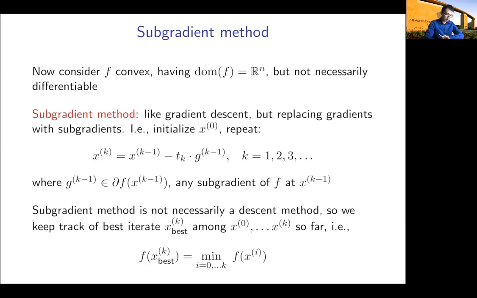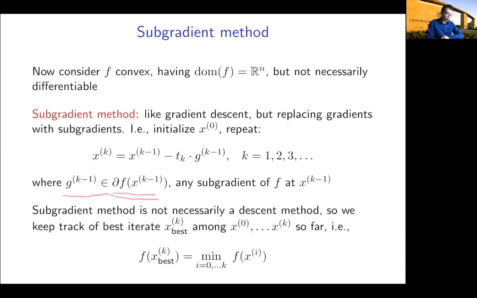Simple, right? This is exactly the same as gradient descent, except that you replace the gradient with a subgradient. Notice that this can be any subgradient in the subdifferential, so it doesn't matter which one you pick, as long as you can construct one. That will be good enough for implementing the subgradient method.